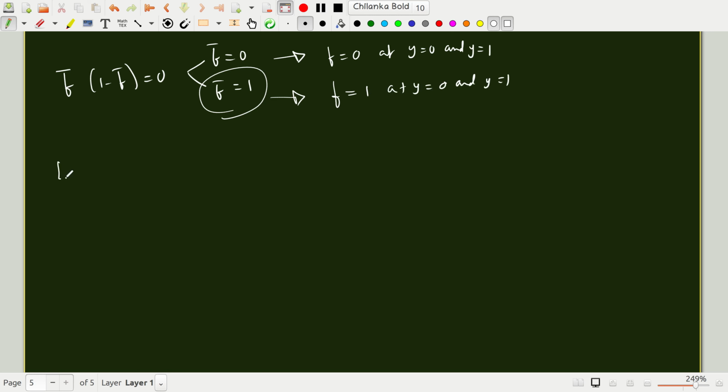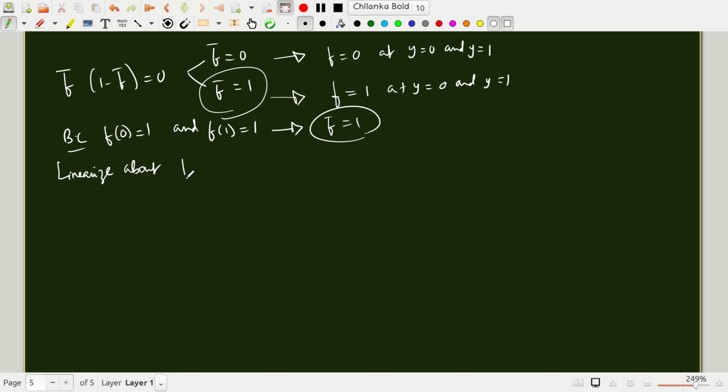Now, let us linearize about, let us say the boundary conditions are such that f of 0 is 1 and f of 1 is 1, then this will indicate that the solution f bar is 1. This is one of the nonlinear steady solutions of the nonlinear equation.